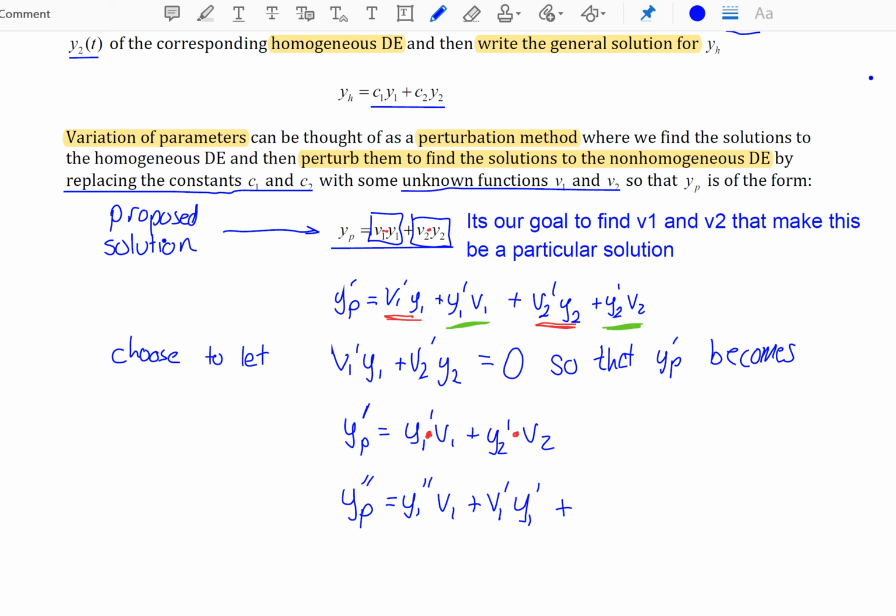Plus, we'll take the derivative of our second term, which is y2 double prime v2 plus v2 prime y2 prime.